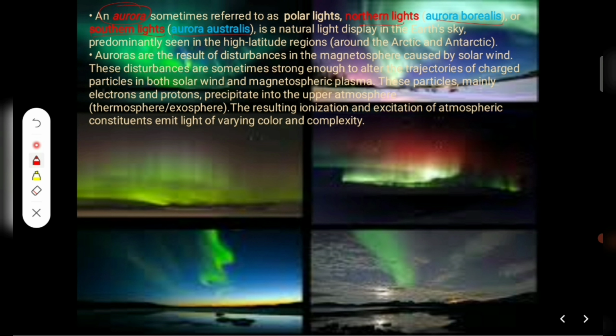And how does this occur? This occurs due to the charged particles colliding with the solar wind particles. Due to the collision of the charged particles, we can see different lights in the sky or the atmosphere.